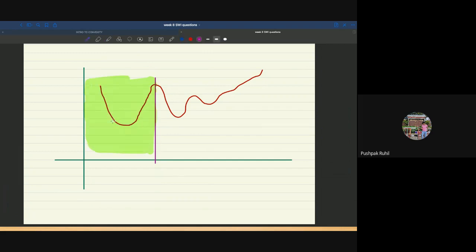So this is what I'm trying to explain. This thing would go beyond as well. We're not restricting ourselves. Our function is convex over here.